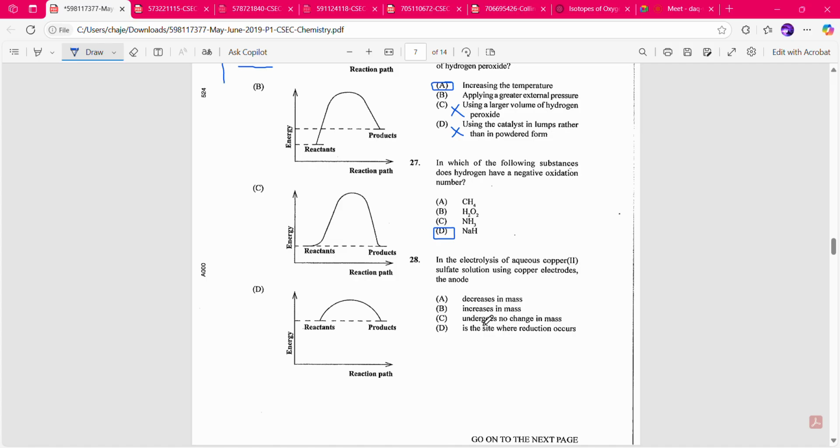28. In the electrolysis of aqueous copper 2 sulfate solution using copper electrodes, the anode.